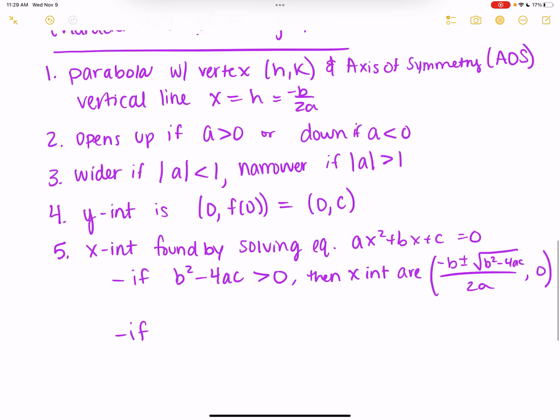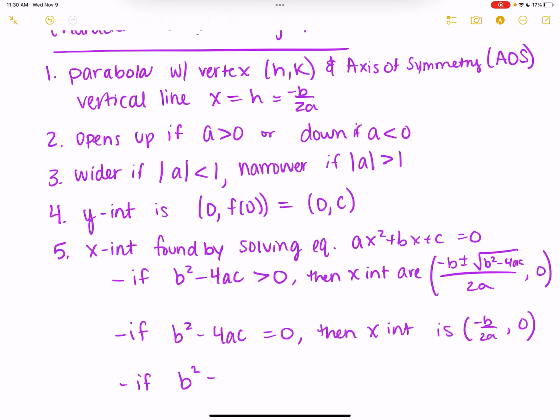If b squared minus 4ac is equal to 0, then the x-intercept is minus b over 2a and 0. If b squared minus 4ac is less than 0, there are no x-intercepts. Which is possible because the graph could be shifted up and to the right or left, so it wouldn't ever touch the x-axis.